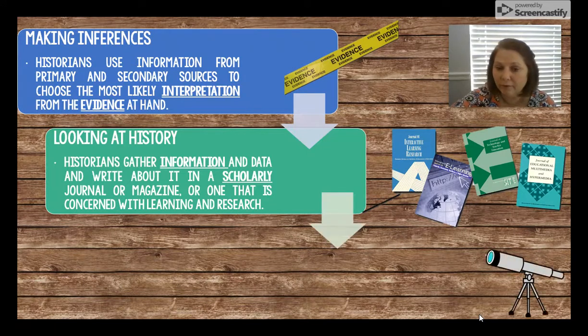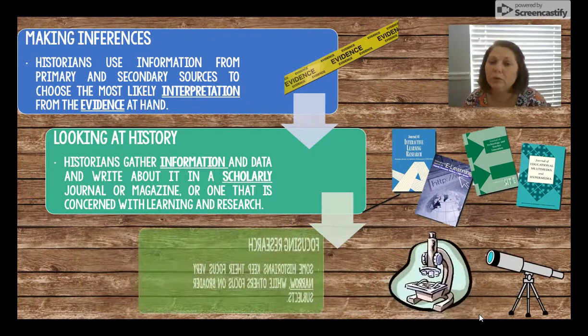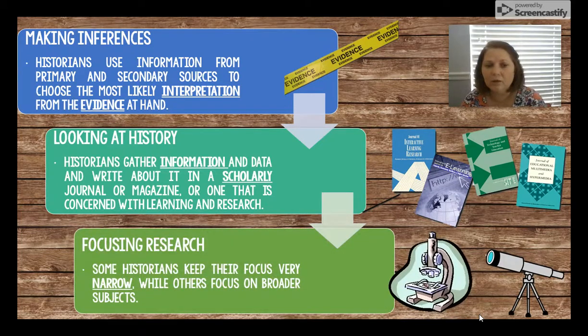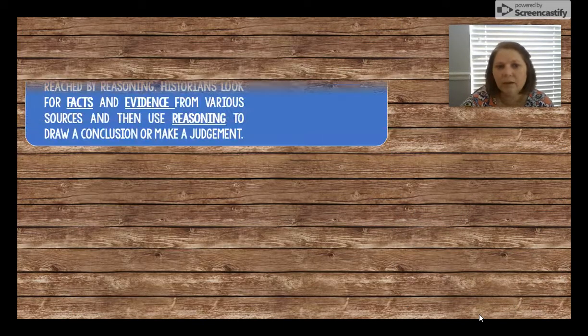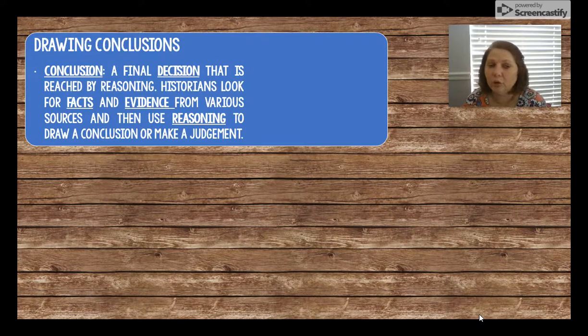And then when you find various sources, that may lead you into research as a historian to focus just on one thing. So if you do a lot of research about the Civil War, and then eventually you find out that you like one general really, really a lot, you want to find out all about him, you might narrow your focus down and only study what that general had to say and only study what battles he was in. And that would bring you to a conclusion.